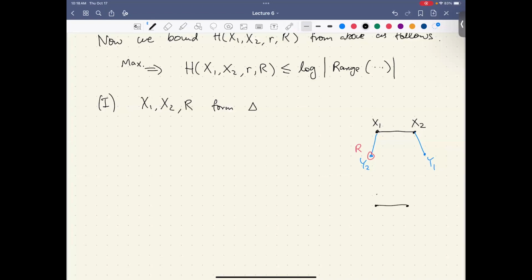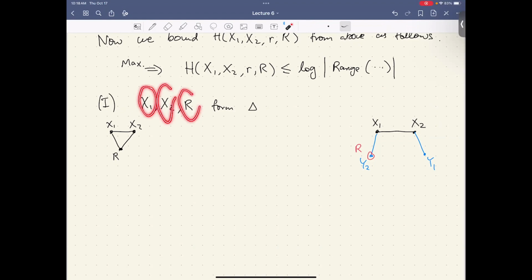We could have a triangle now. In this case, let me draw the picture here. When they form a triangle, this means I reveal the value of x1, I reveal the value of x2, I reveal the value of r.